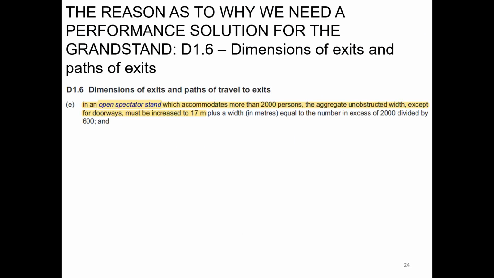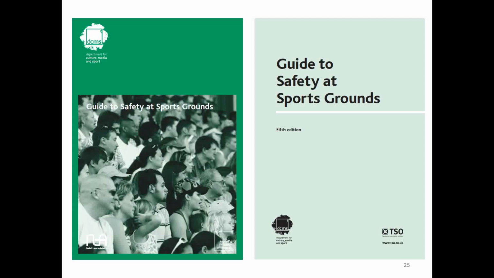Now, the dimension of exits and paths of exits, if we take the open spectator stand requirement of 17 meters, it just shows that this is not going to be possible. I consulted L. Baxter on this, and the way that Populous deal with it is that they have a specialist certifier that is familiar with performance solutions for stadia, and what they will do is that they will use the green guide as the basis for that performance solution.